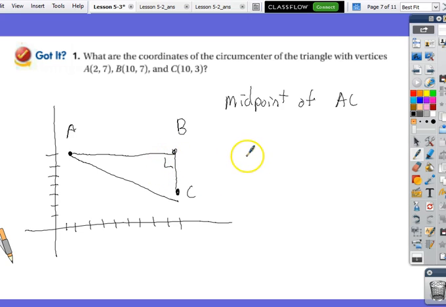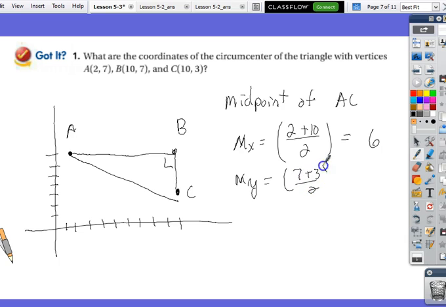To find the midpoint of AC, I need to find the MX, so that'll be 2 plus 10 divided by 2, which is 12 divided by 2, which is 6, and I need to find the MY, which is 7 plus 3 divided by 2, or 10 divided by 2, which is 5. So the midpoint of AC, or my circumcenter, is 6, 5.